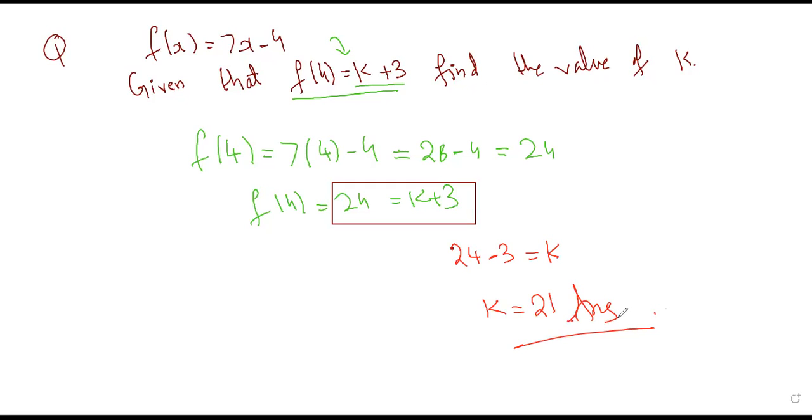Okay, let's talk about another example now. And all these examples are very important because they're just like the past paper questions. So what if we have g of x equals 9x minus 4?